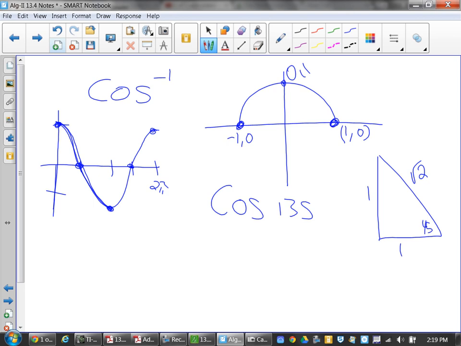It's root 2 over 2. But I'm placed into that quadrant. So is it positive or negative? Because the cosine value over there is?